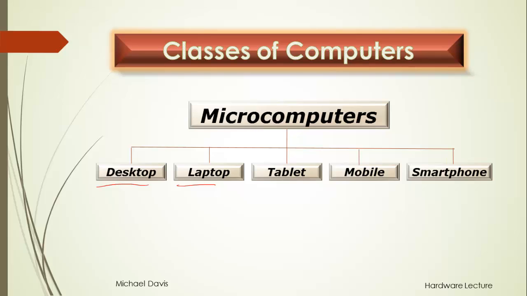A tablet is a fairly recent development. It is a computer, that's true. It is generally more or less a special purpose type of computer in that it is not the best in the world for doing accounting functions and word processing. They're small. Sometimes they don't have a lot of memory, but they are wonderful for many of the things that we do, such as research on the internet and surfing the web and chatting with our friends.